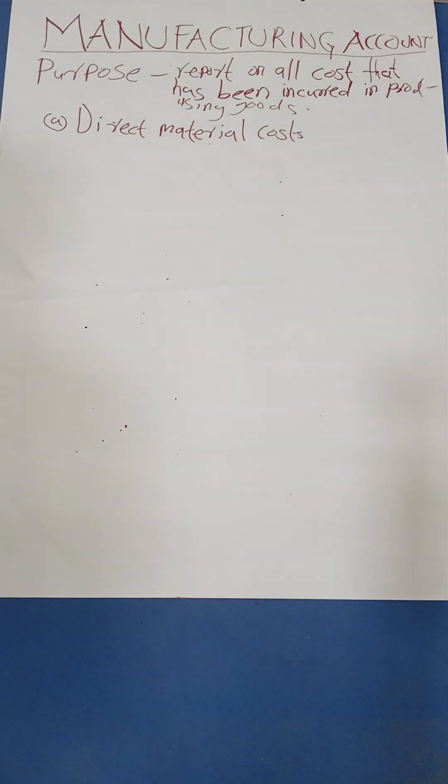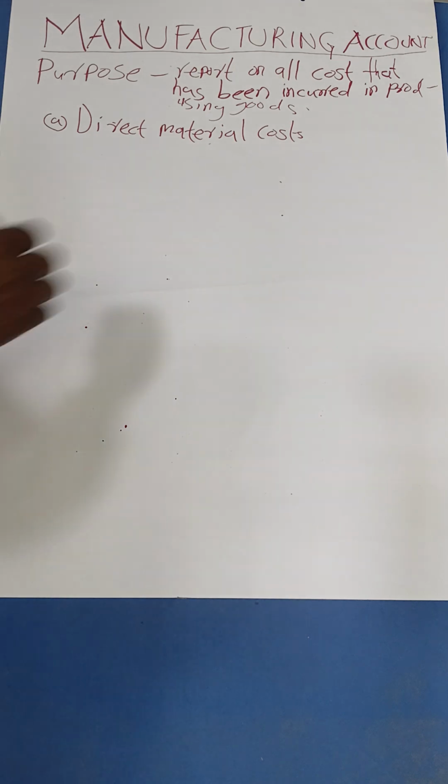Good. So direct material cost, just a reminder, we say these are costs that one can easily identify in a product. These are costs that you can easily identify in the final product, or in the material that you have bought. You can easily tell that this one costed this amount.